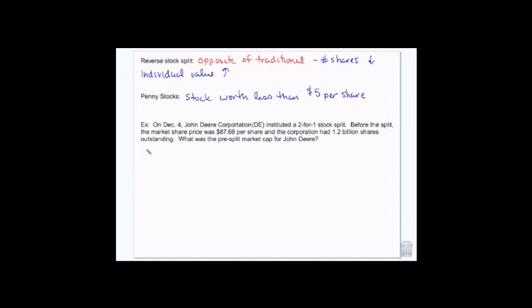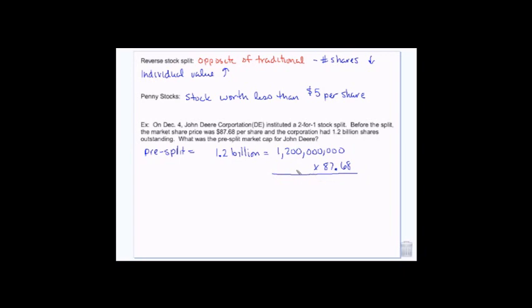So pre-split, 1.2 billion times 87.68 per share. The market cap is the total number of outstanding shares times the price per share.